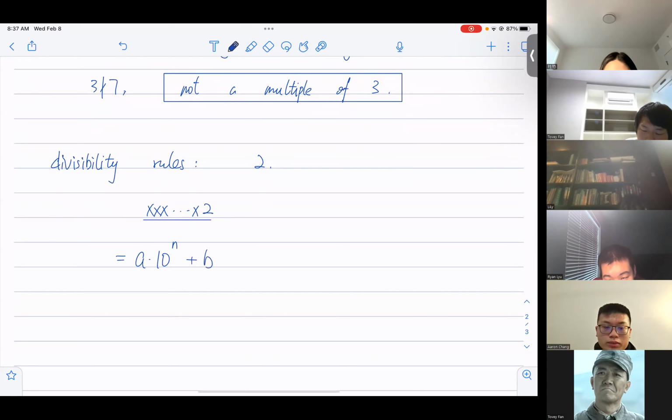And then the second digit is going to be 10 to the power n minus 1, and so on. Let's say the tens digit is m, then this is m times 10 to the first power, right? And eventually just add the last digit.